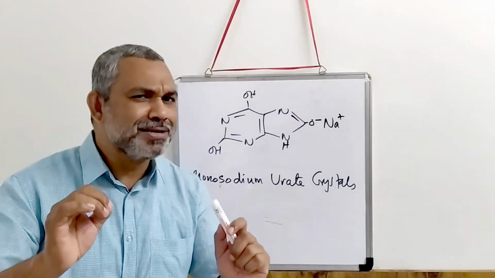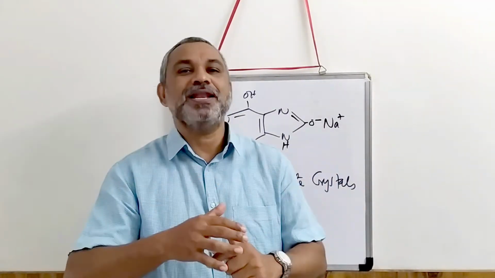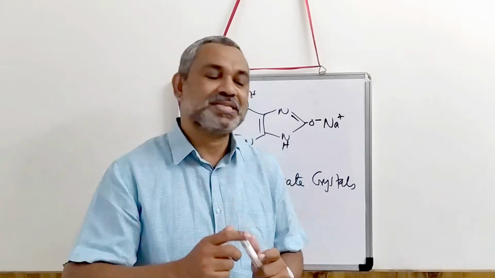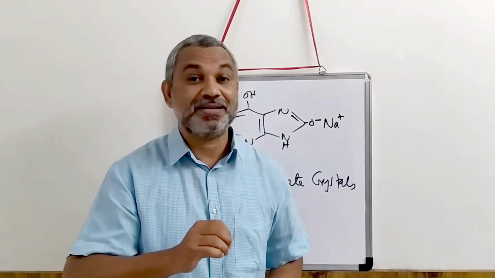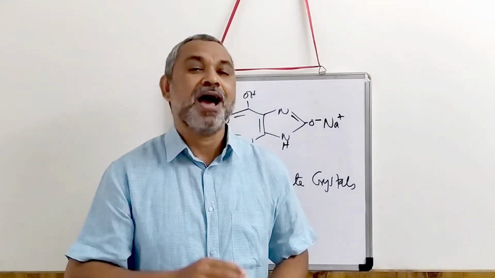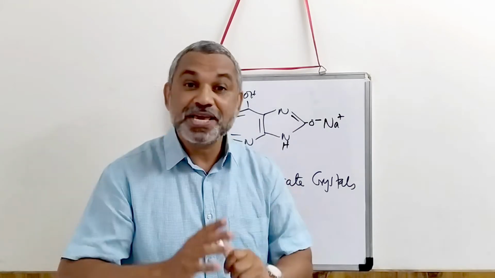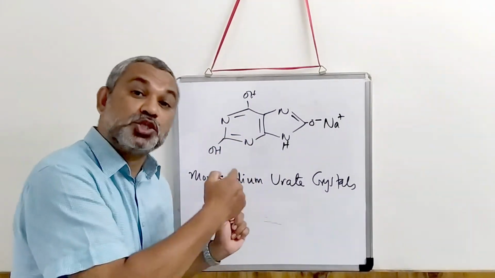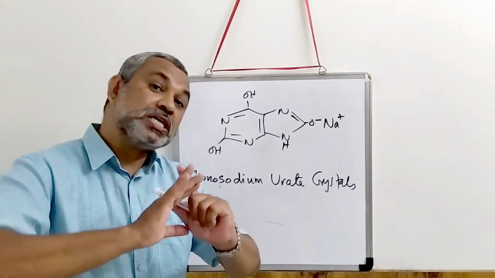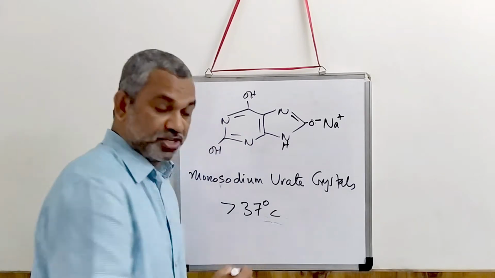Since it is not really soluble, it has the tendency to get accumulated and it becomes a kind of crystalline structure and gets accumulated in the joints and mostly in the extremities. Why in the extremities? Because we have seen that its solubility is very low. It is highly soluble at greater than 37 degrees Celsius.